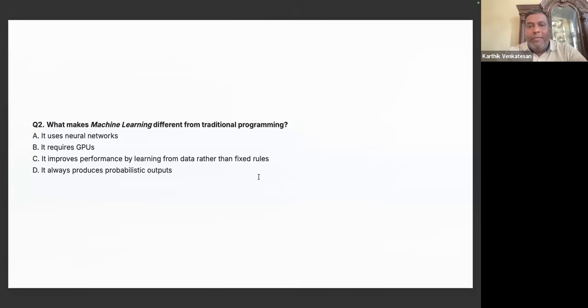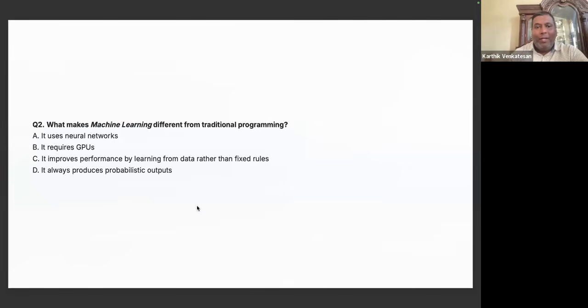What makes machine learning different from traditional programming? It uses neural networks, it requires GPU, it improves performance by learning from data rather than fixed rules, it always produces probabilistic outputs. Okay, I saw A and then I am seeing mostly C. Yeah, neural networks are also part of it, but they are basically a subset of machine learning that comes under deep learning.